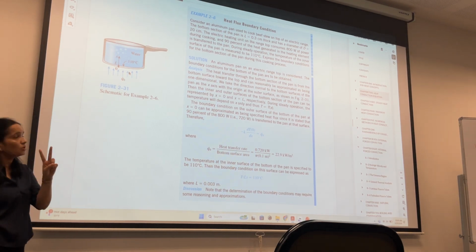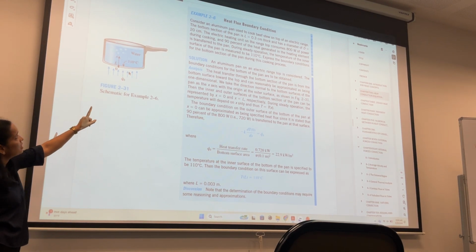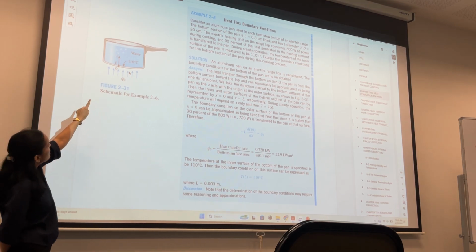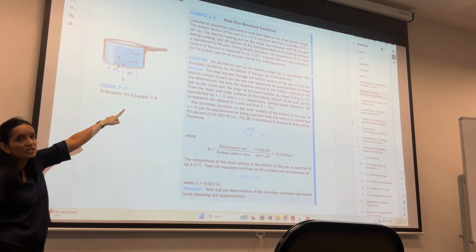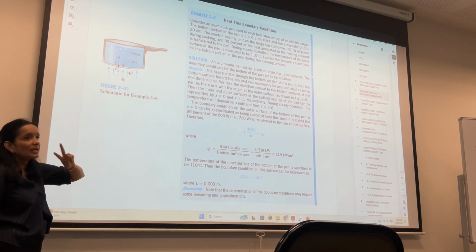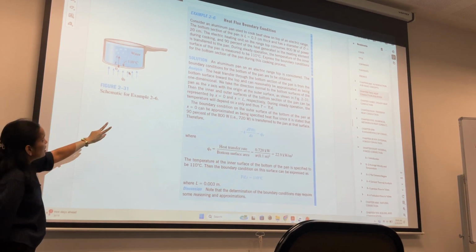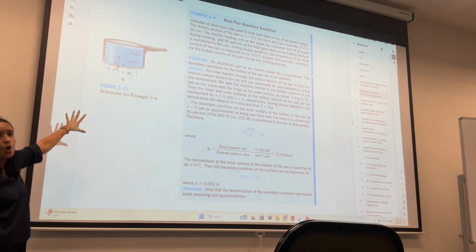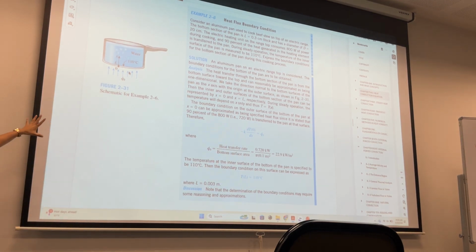Two boundary conditions. Okay. First, the question is telling you the temperature at that point of the pan is 110 degrees Celsius. So this is the initial temperature, TL. Second boundary condition, they are telling you how many watts that oven is consuming. Right, 90% is given, and then they have also given the area of the pan.